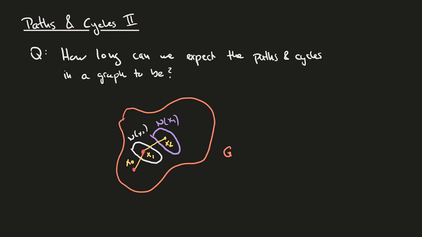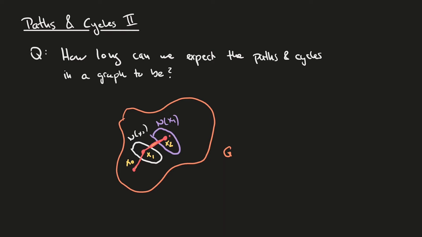Thus, if we have a neighbor of x0, say x1, then we can get a path of at least length 1. If we now further want to extend our path from x1 onwards, then we need the neighborhood of x1 to contain some vertex other than x0. This is because paths aren't allowed to intersect themselves, so we're not allowed to repeat vertices. Thus, in this case, we can only extend the path if we have some distinct x2 that we've not already used in our path before.